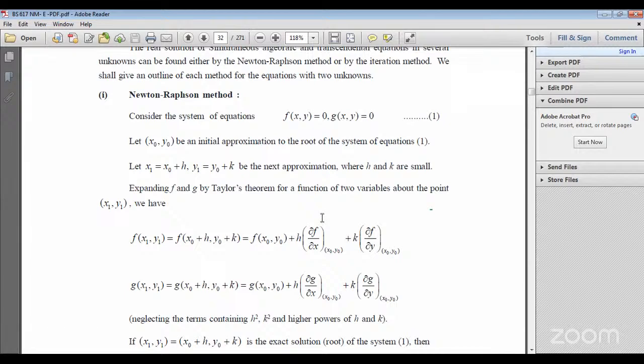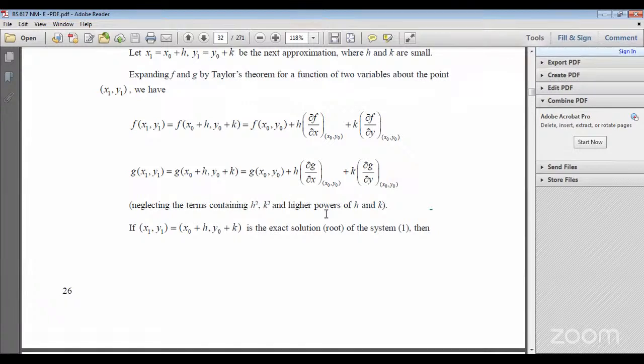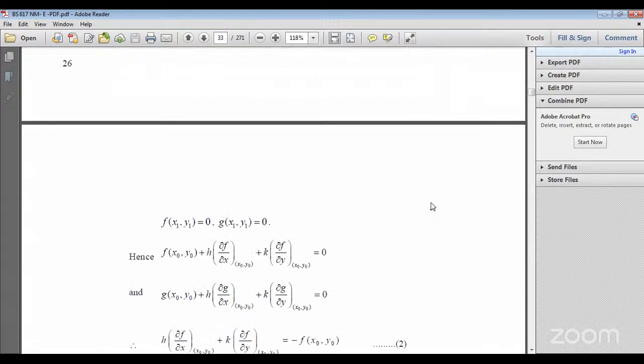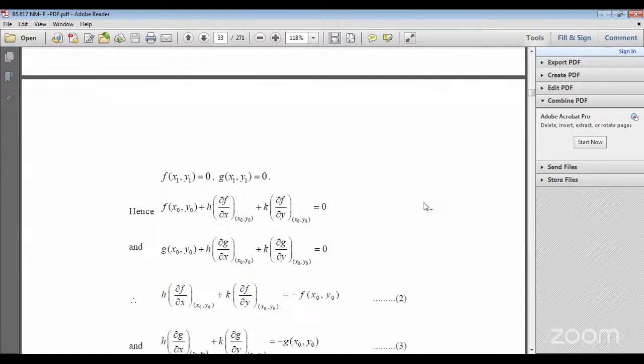Neglecting the terms in h square, k square and higher powers of h and k, we are taking f(x1, y1) = 0 and g(x1, y1) = 0.